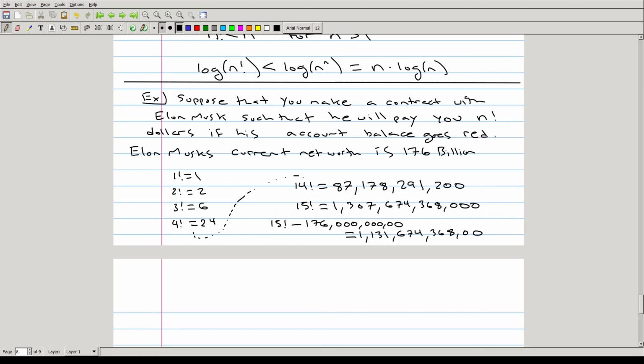Oops, and I just realized I shorted myself. One more zero here and one more zero here. So I think this is a very cool example showing how fast the factorial function grows. After 15 days, you're all the way up to over 1 trillion.